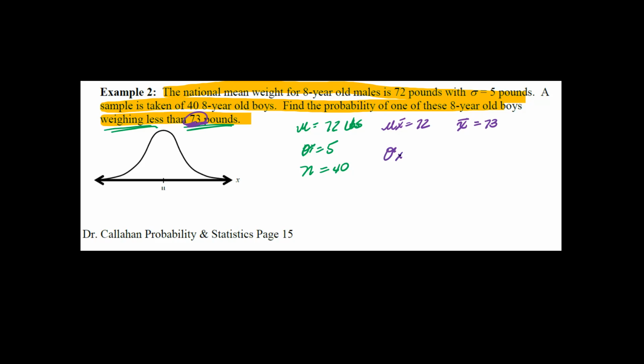And then your standard deviation X bar is going to be using the formula, which is the regular standard deviation over the square root of n, which is just 5 divided by the square root of 40. So I'm going to give you guys a second. Go ahead and tell me, what is the square root of 40? That should give you 6.32. And then you're going to go ahead and divide that in, which should give you 0.791.